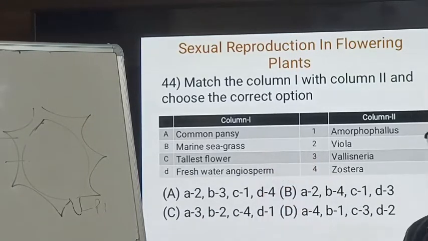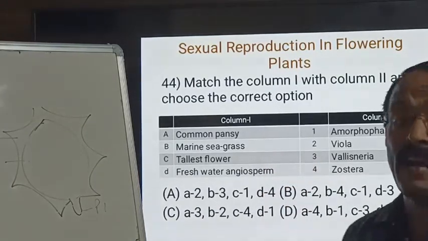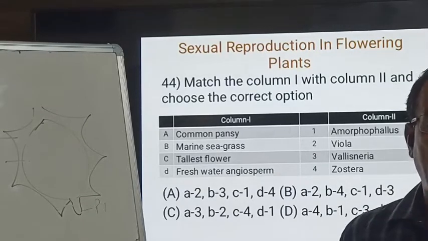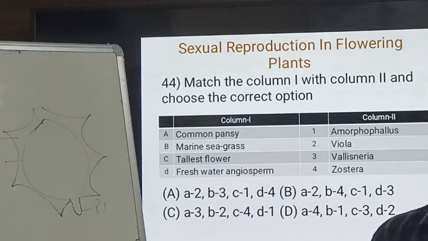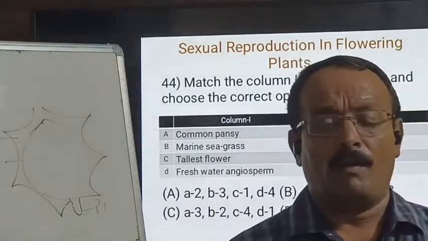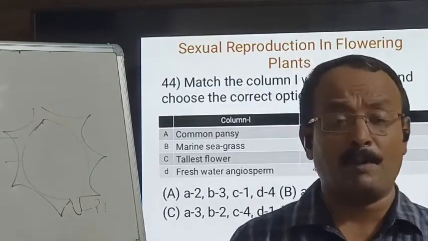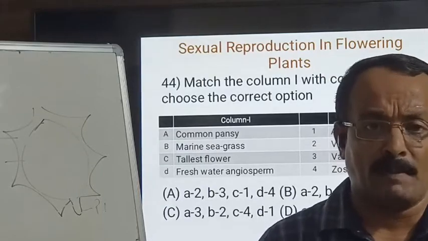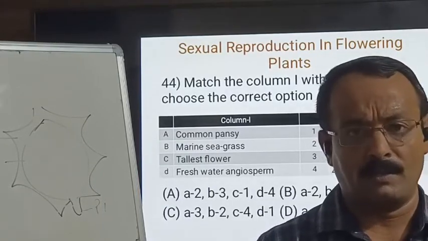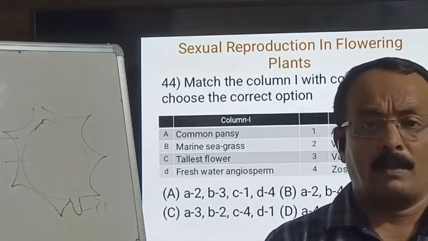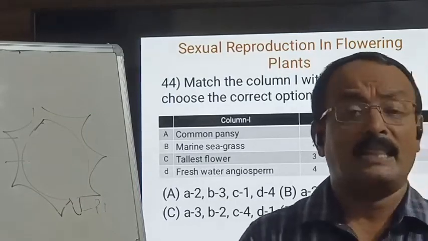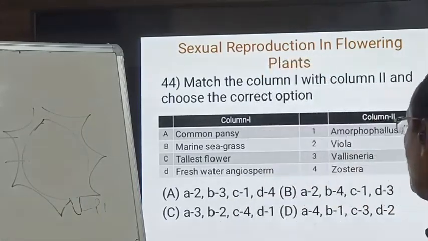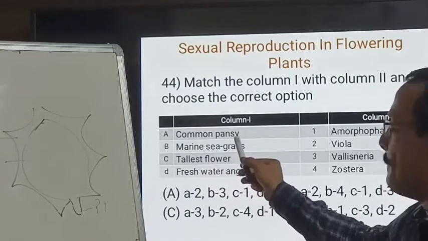So next there is a mark the following. So this we will neglect. There are three plants which we have taken as examples of plants producing two types of flowers, chasmogamous and cleistogamous: Viola, Commelina and Oxalis. This Viola is commonly called common pansy.